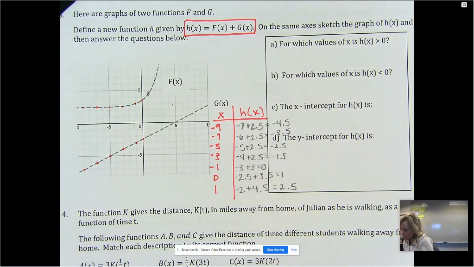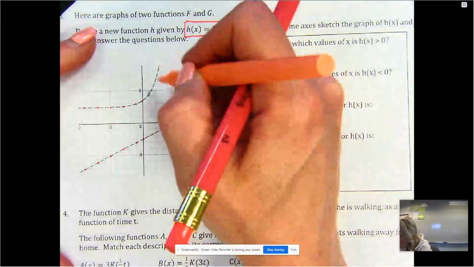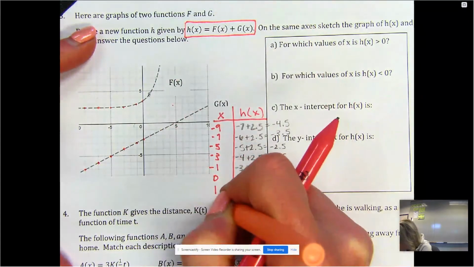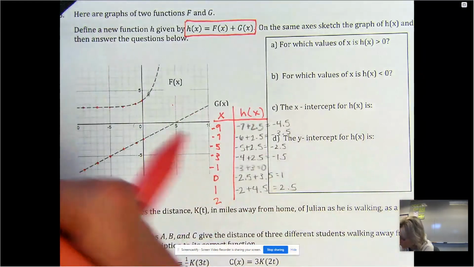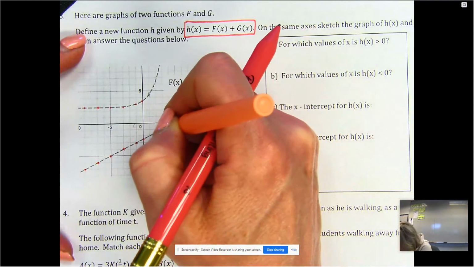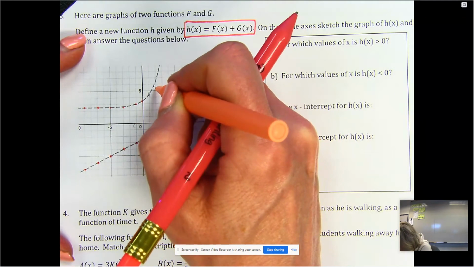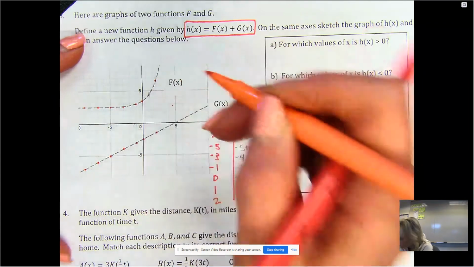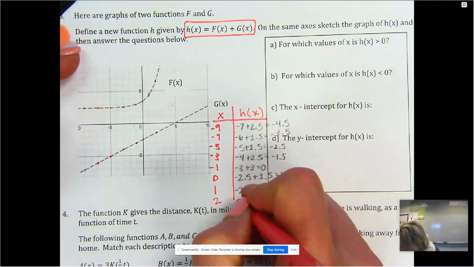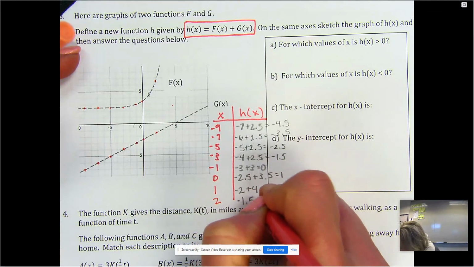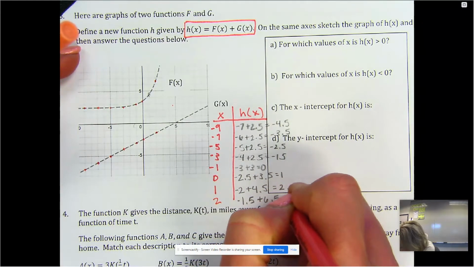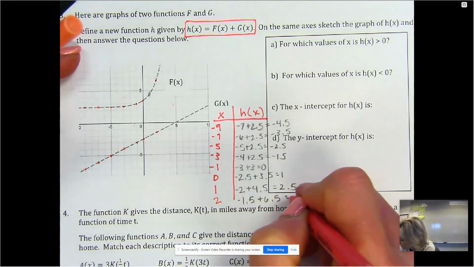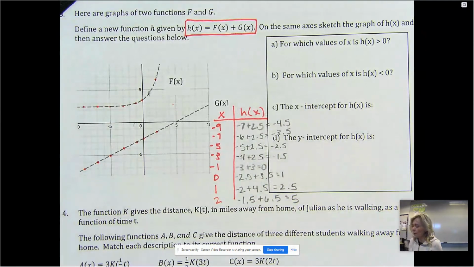Maybe I'll just do one more point because I can kind of get something here. So when x is 2, this is at like negative 1.5. This is at about 6.5. So negative 1.5 plus 6.5 is 5. Okay, so I have a lot of points we can put on the graph.